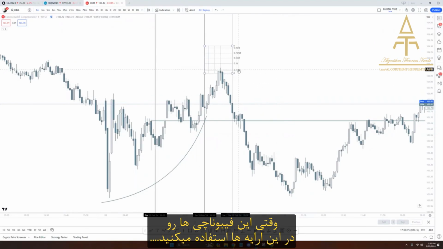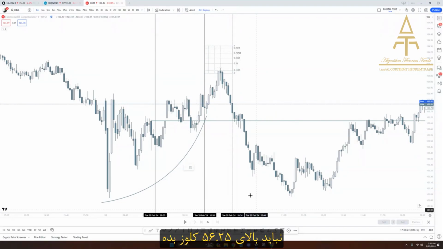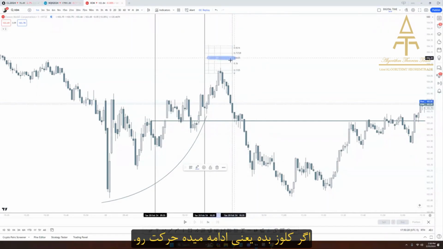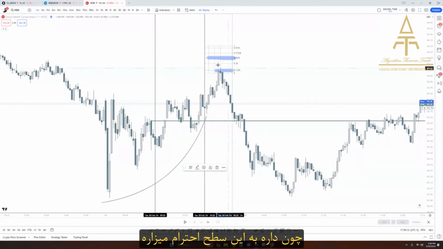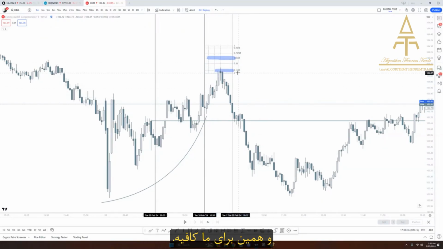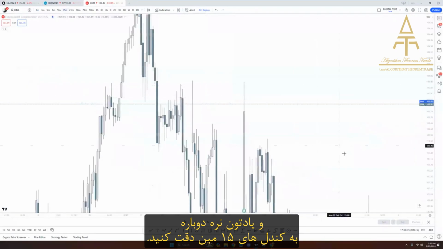Now, when you use these fib levels, the circle of 9 fib levels on PD arrays like this, you don't want to see it close above the 56.25 in this case. If it does, you're going to see continuation. But because it is respecting this level, and if it respects that level, then that is all you need to observe. Now, when it comes to the actual candles, again, observe the 15-minute time frame.